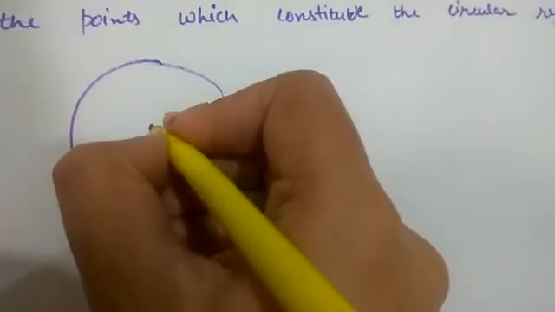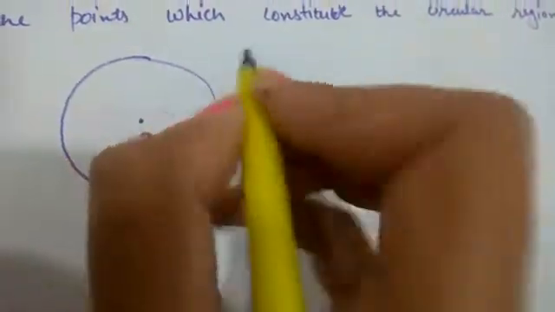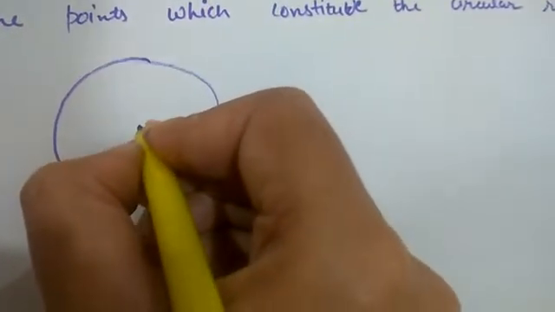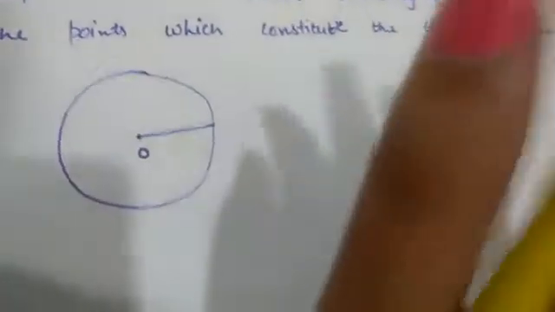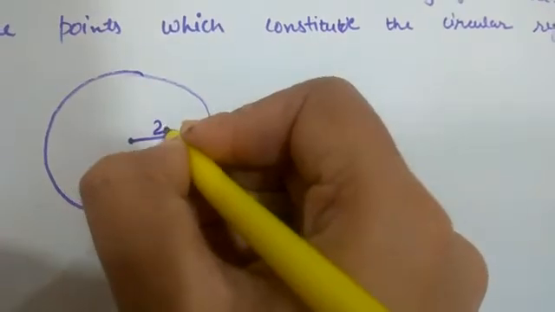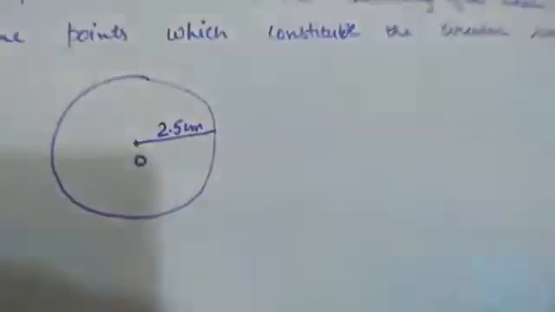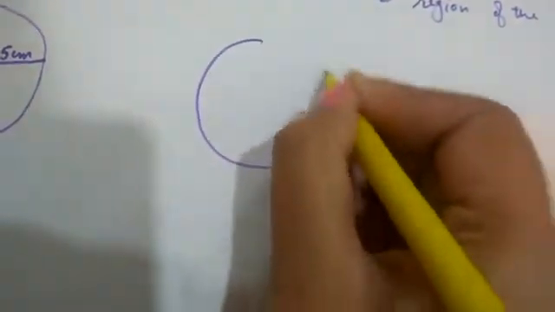Get it? So this is the center of your circle, and when you measure the distance between this point and any point on the boundary of the circle, you will see that it is 2.5 centimeter. Get it? That is just for explaining to you. I am drawing this circle again.